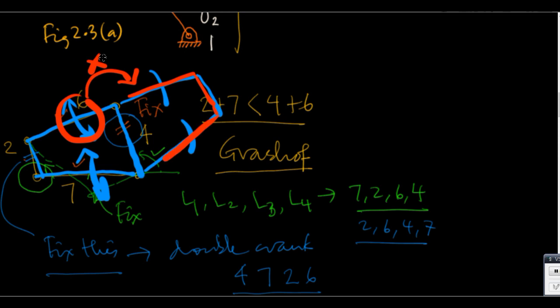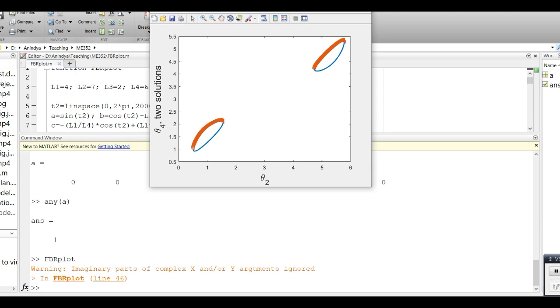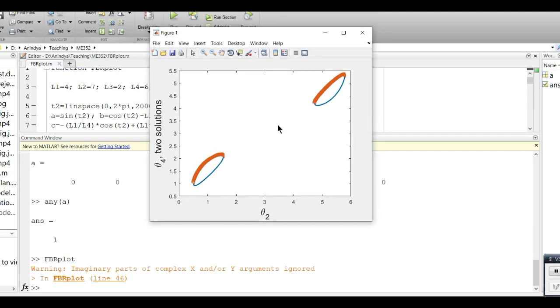In Grashof mechanisms, you can't go from one assembly to the other. That is why in this MATLAB figure you can see that there are two modes of assembly, and each is a rocker. So theta 2 can only go from here to here. During that, theta 4 can only go from there to there. Okay, good.